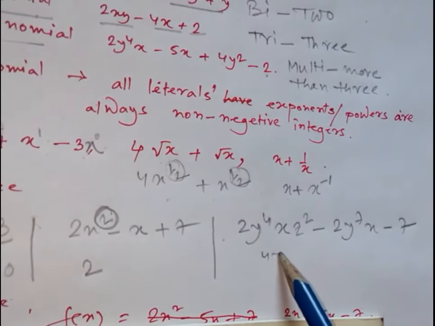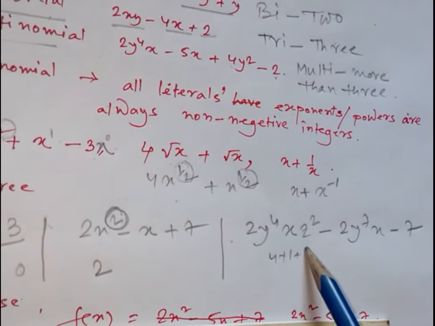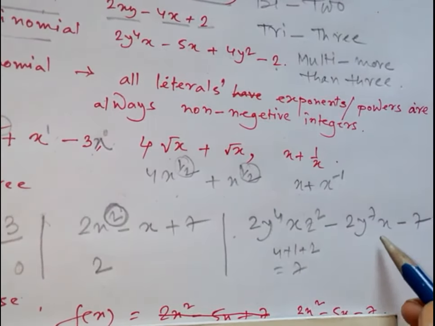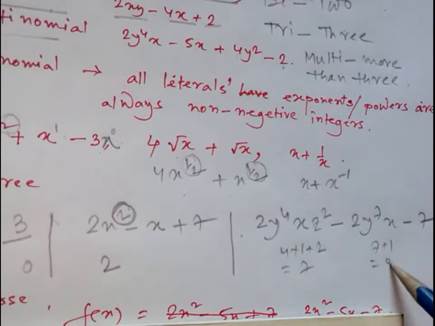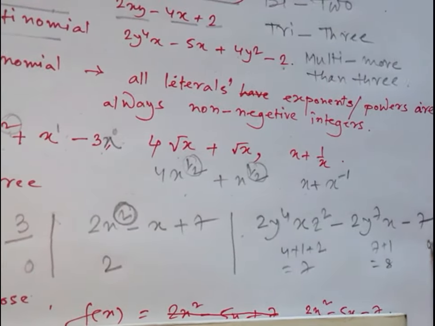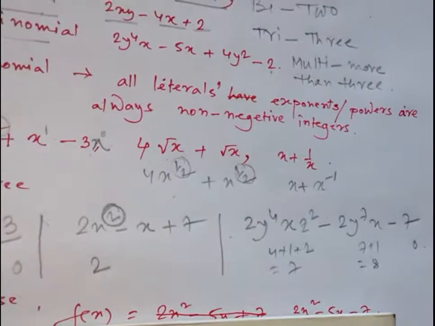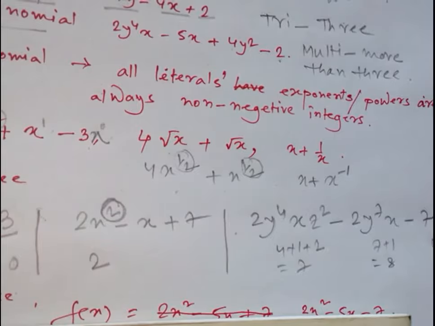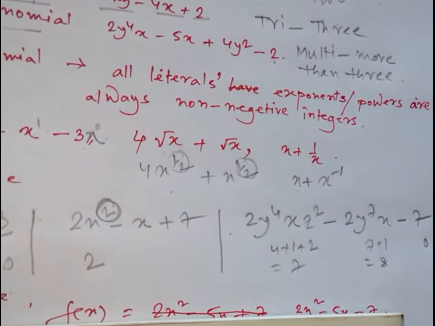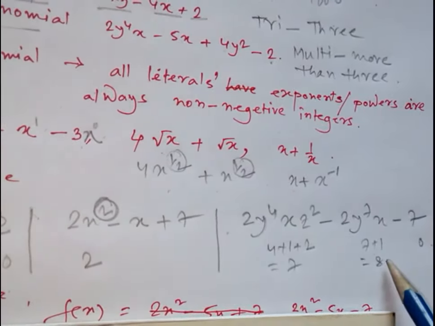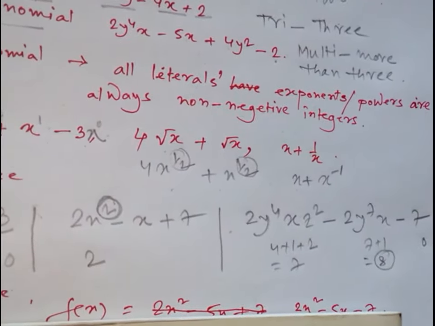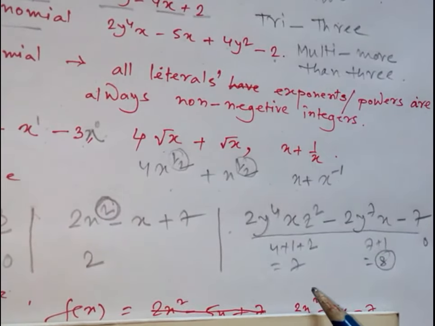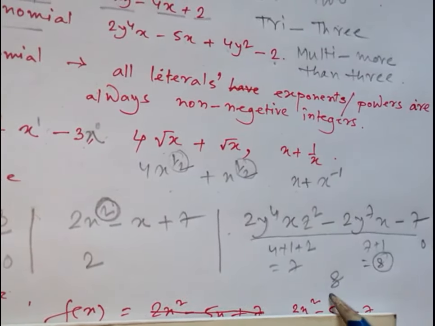Here 4 plus 1 plus 2, it will give 7, and here 7 plus 1 equal to 8, and here 0. So after adding all the powers of the single terms of the literals, we get the highest value is 8. So the degree of that polynomial will be 8. Clear?